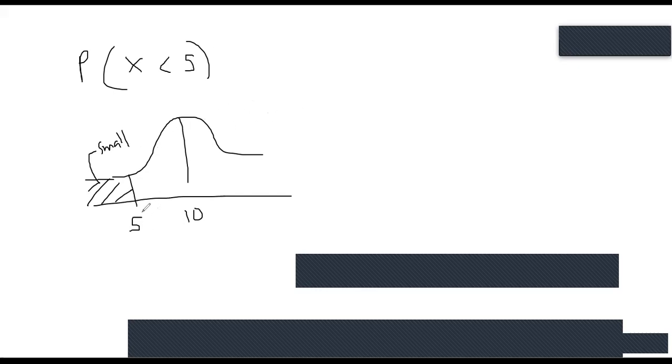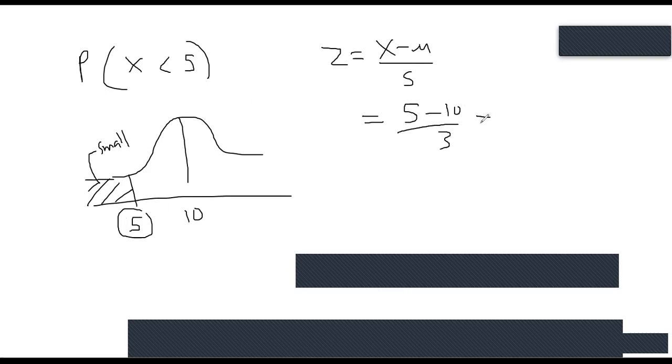So how do we standardize this 5? Z is equal to what? X minus mu over standard deviation. So 5 minus 10. Standard deviation was 3. So what is negative 5 over 3? 1.666.